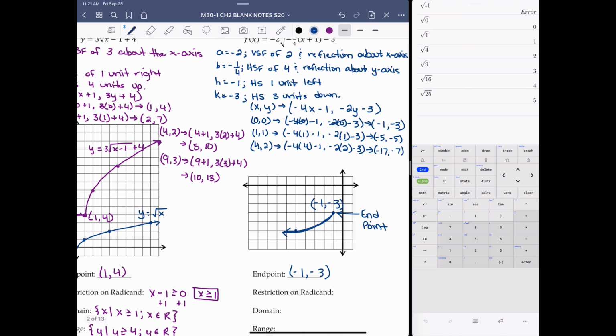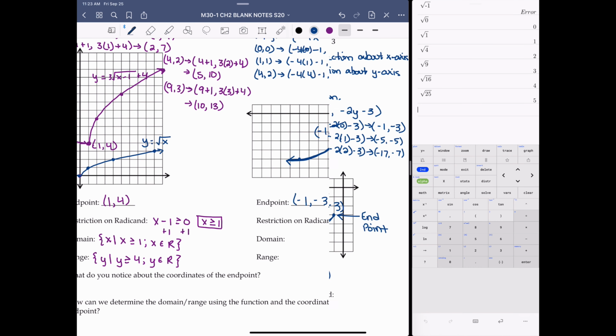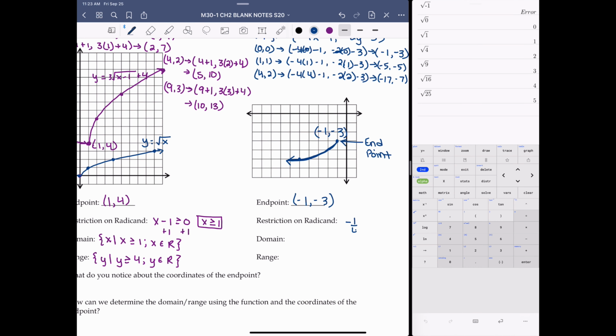Let's take our radicand, which is -1/4 times x plus 1. That has to be greater than or equal to 0. I want to isolate the x, so I would need to start by multiplying both sides by -4. When you multiply or divide an inequality by a negative, you have to switch the sign.